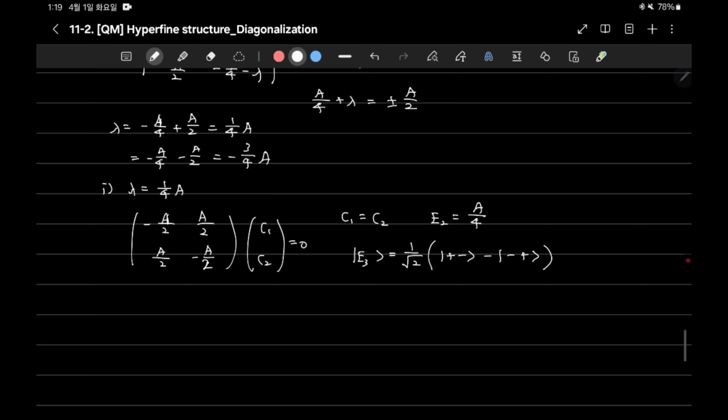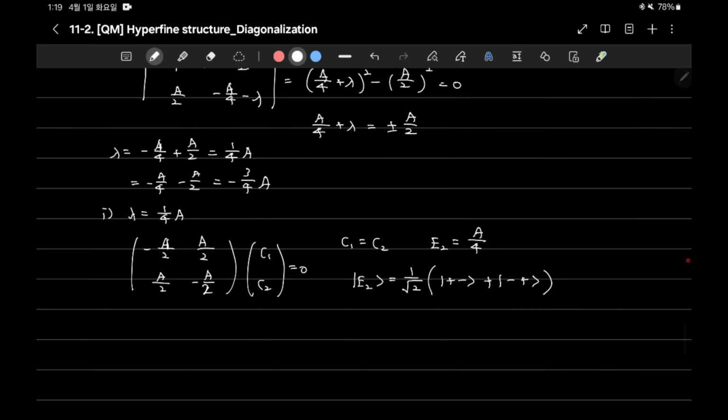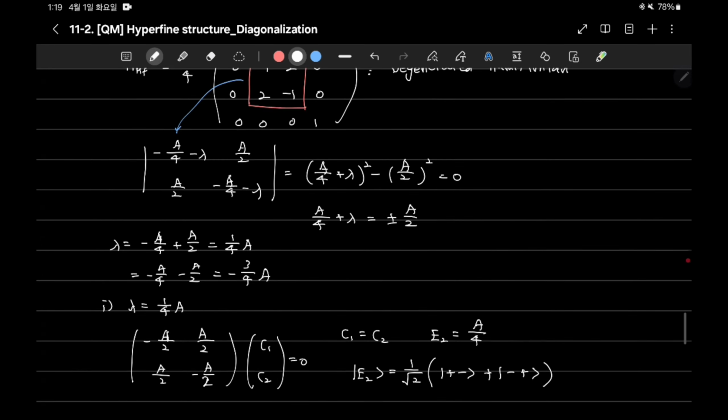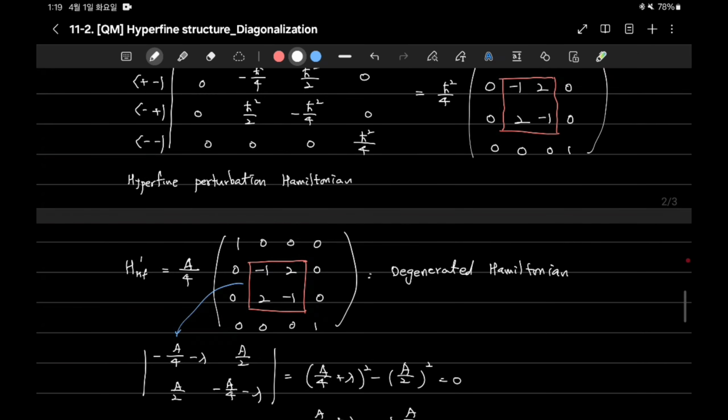So in the second case, I'm sorry, it is E2 plus. Yeah. It is a linear combination. It is the same sign.